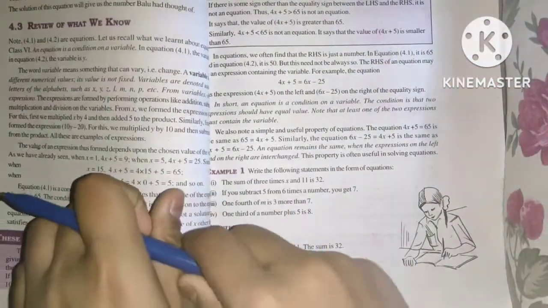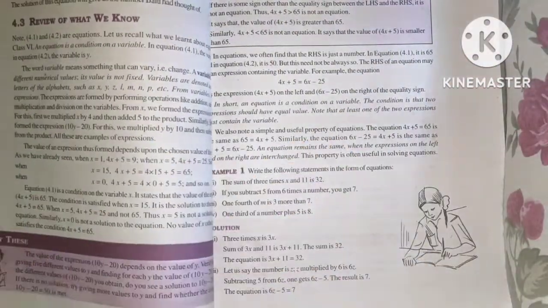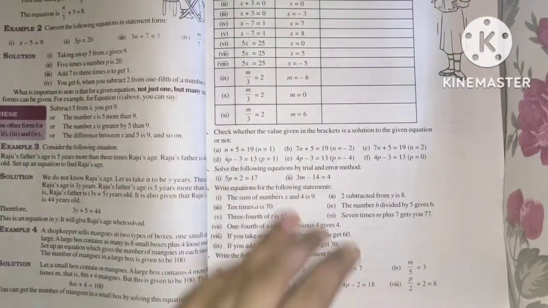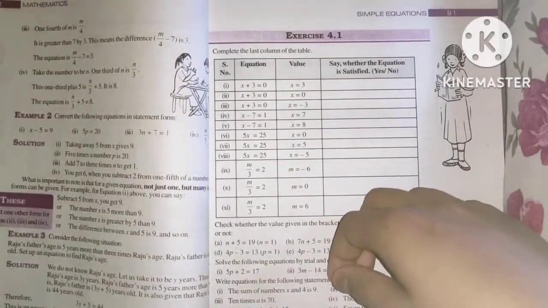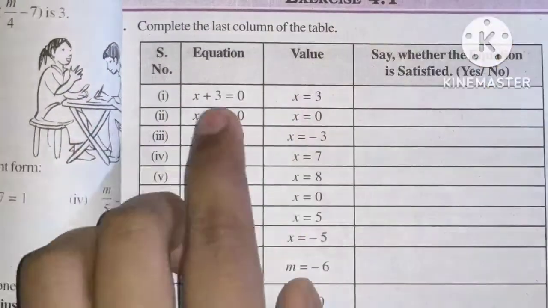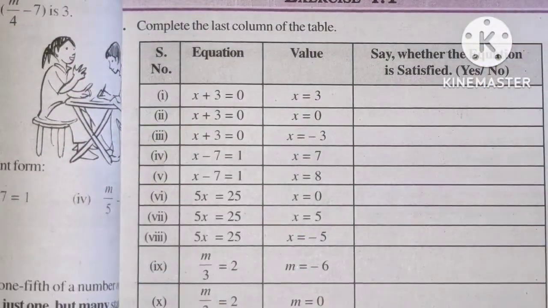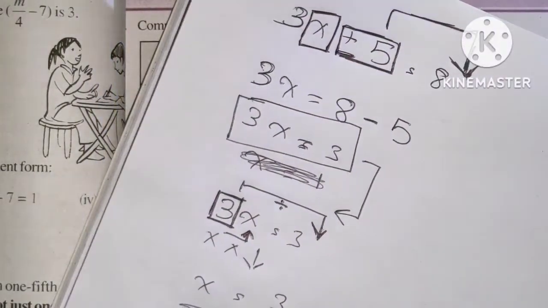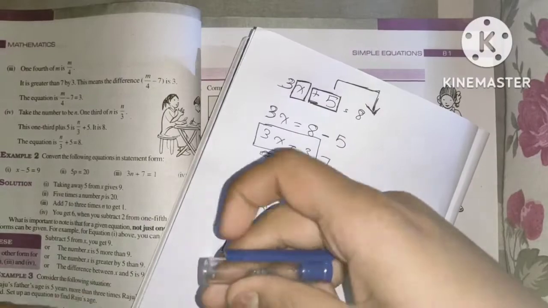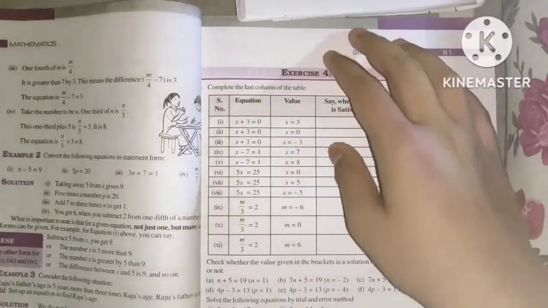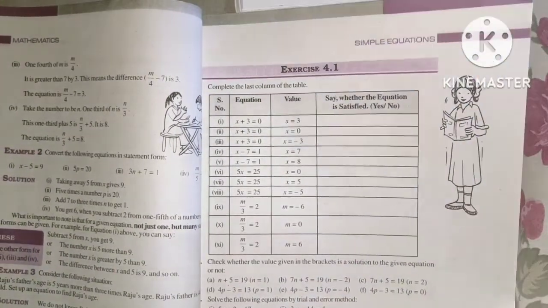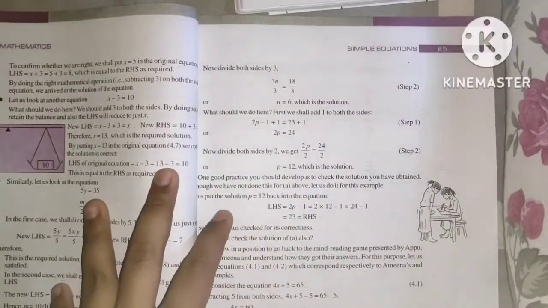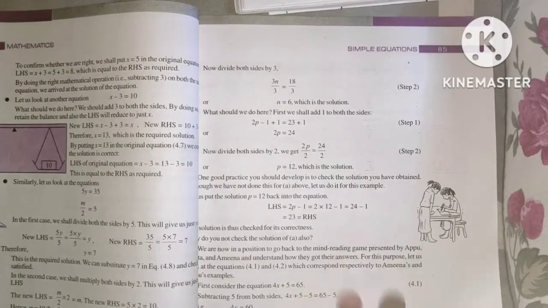So let's come back to the textbook. There are questions like this one, as you can see here, x plus 3 is equal to 0. Let's solve that question, or you know what, let's find something better than that. That's pretty obvious, it's actually minus 3, so it's pretty simple.